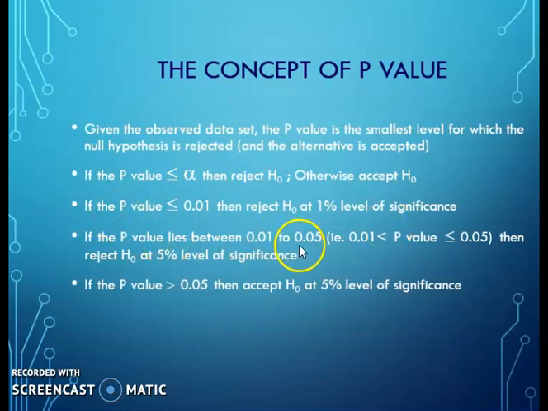If the p-value lies between 0.01 and 0.05, then it becomes the 5% level of significance, so there is a 5% chance of the results changing. These will be the statements we mention.